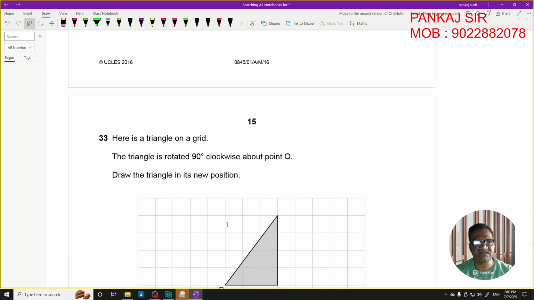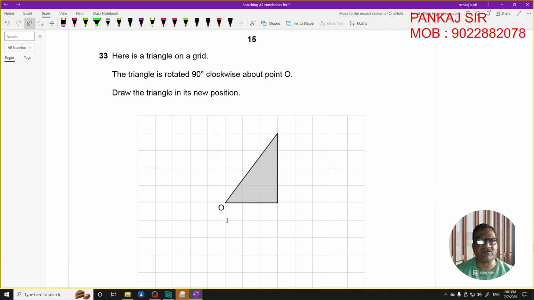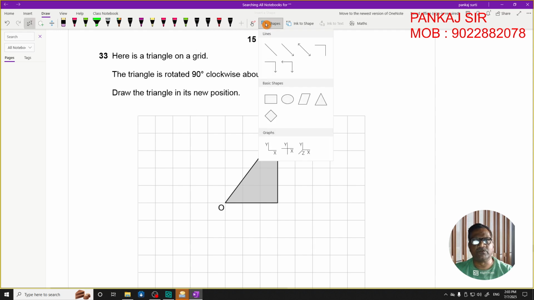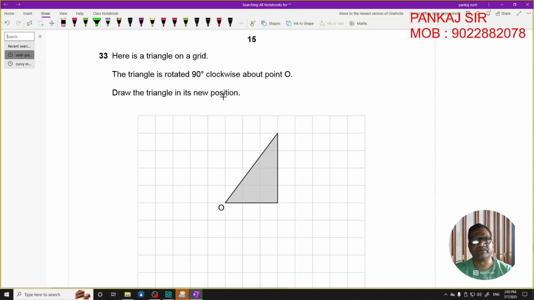Next question is, here is a triangle on the grid. The triangle is rotated 90 degrees clockwise about the point O. So draw the triangle in the new position. So here about O, if I want to rotate, this is the base of the triangle, this is the perpendicular of the triangle.